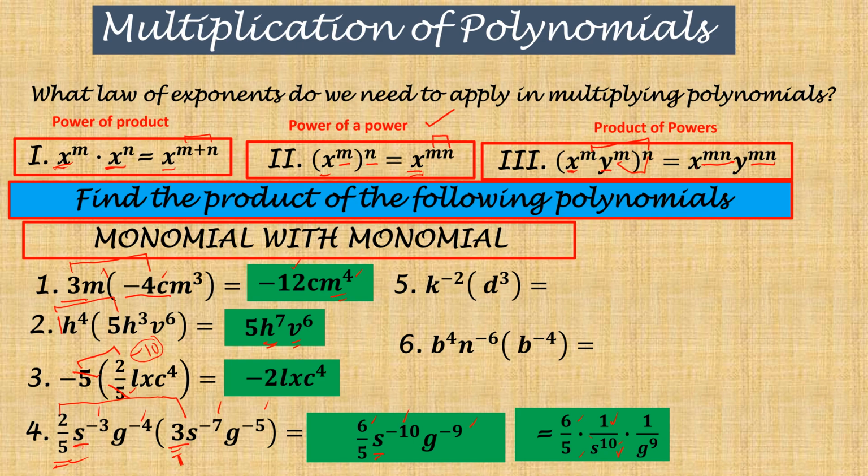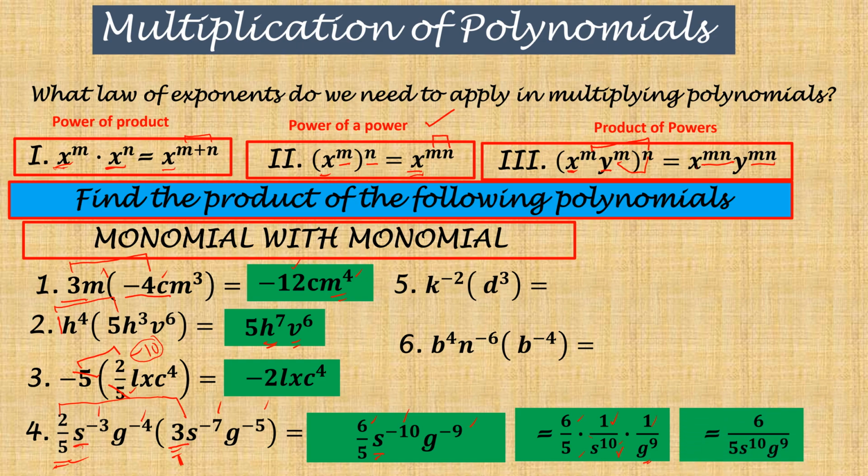While the g to the negative 9 is still negative, thus we need to copy. We have to have a numerator of 1 and then the g to the positive 9 already. So that's it, the product in number 4.